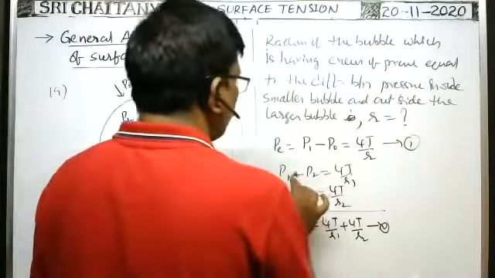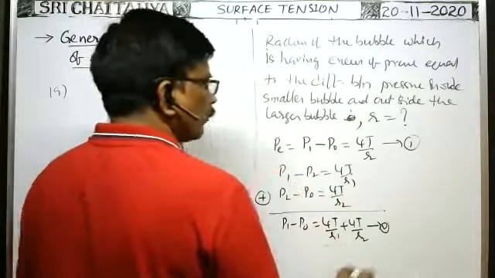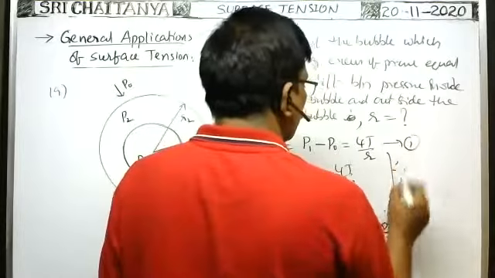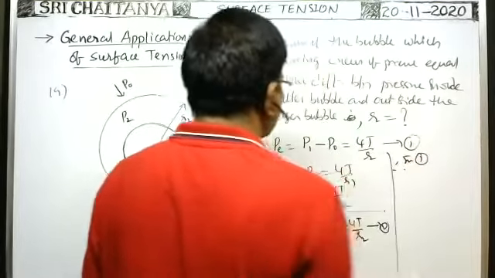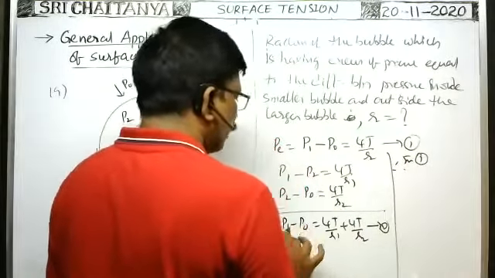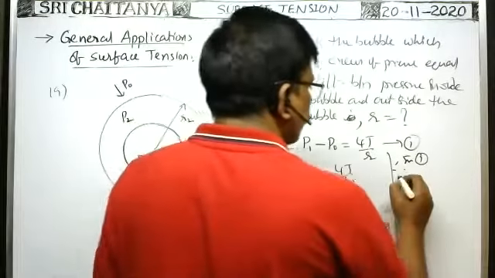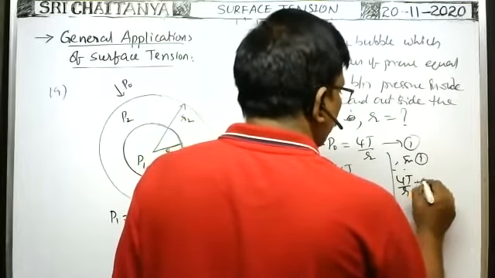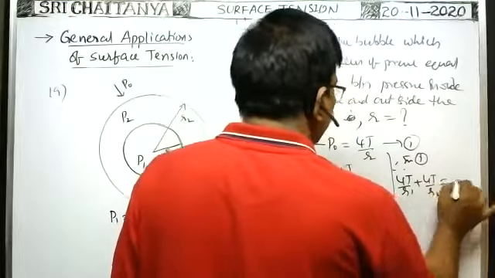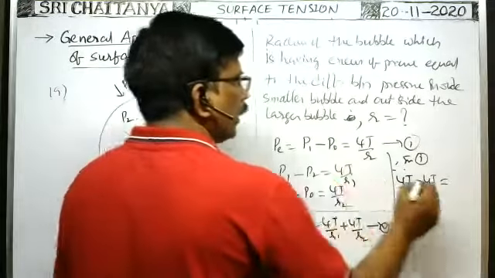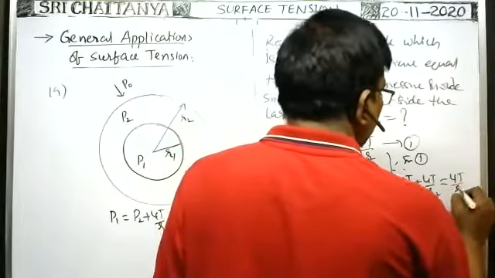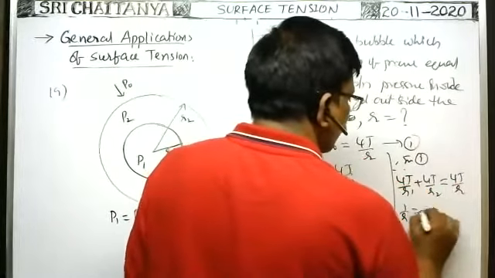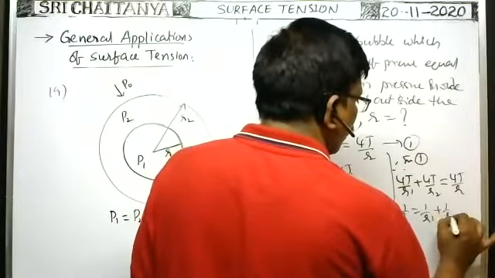Now you substitute P1 minus P0 from equation 1. 4T by R1 plus 4T by R2 is equal to 4T by r. 4T you cancel. Then 1 by r is equal to 1 by R1 plus 1 by R2.